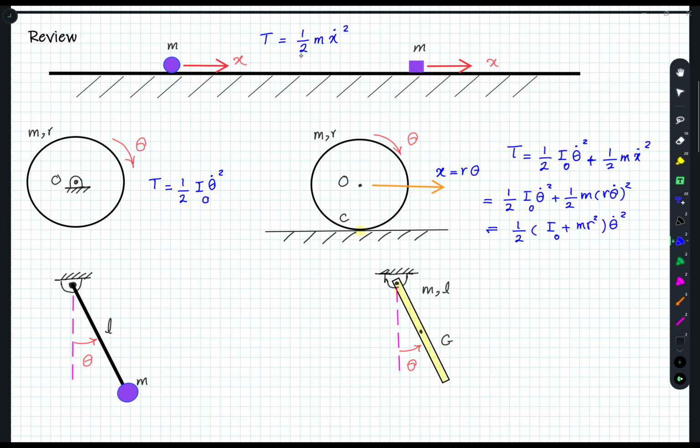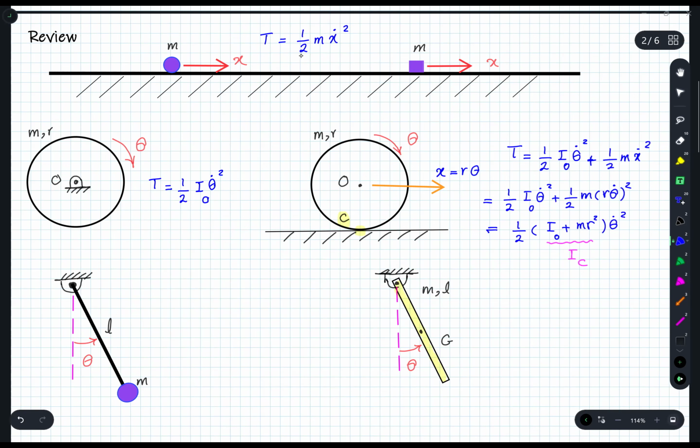Now, this relation is familiar to us because we know IO plus m r squared, according to the parallel axis theorem, gives me IC. In other words, I can pretend that this disk for an instant is rolling at point C, and I can use that relation to find its kinetic energy.